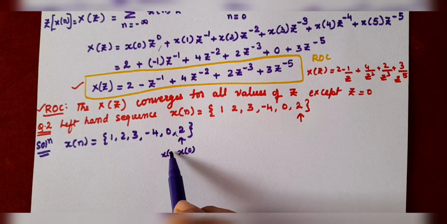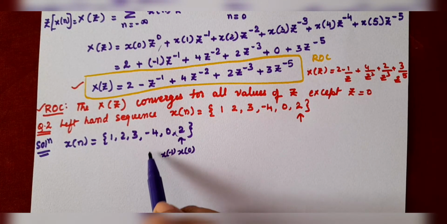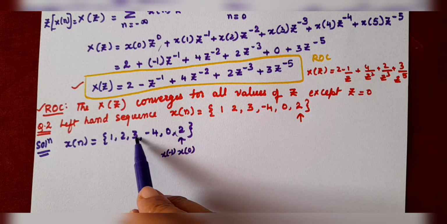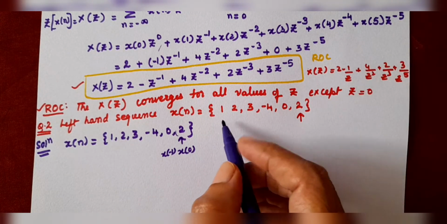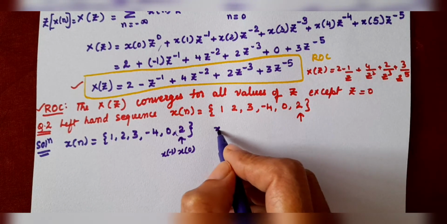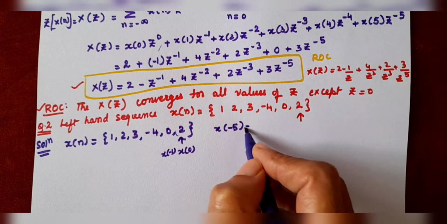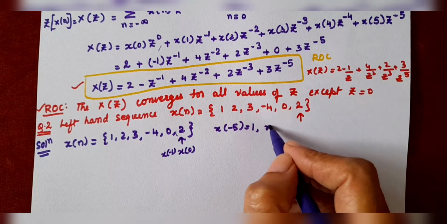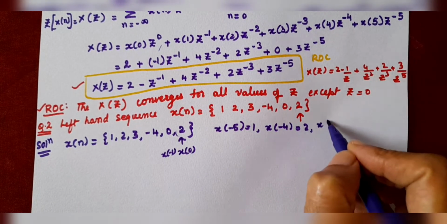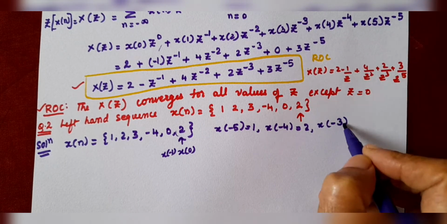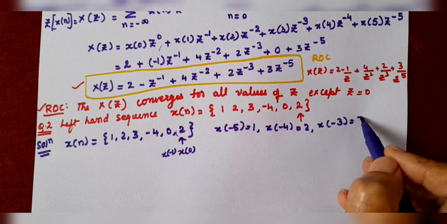X of minus 1, x of minus 2, x of minus 3, x of minus 4 and x of minus 5. Okay, likewise. So what is x of minus 5 value now? It is 1. X of minus 4 value is 2. X of minus 3 value is 3.